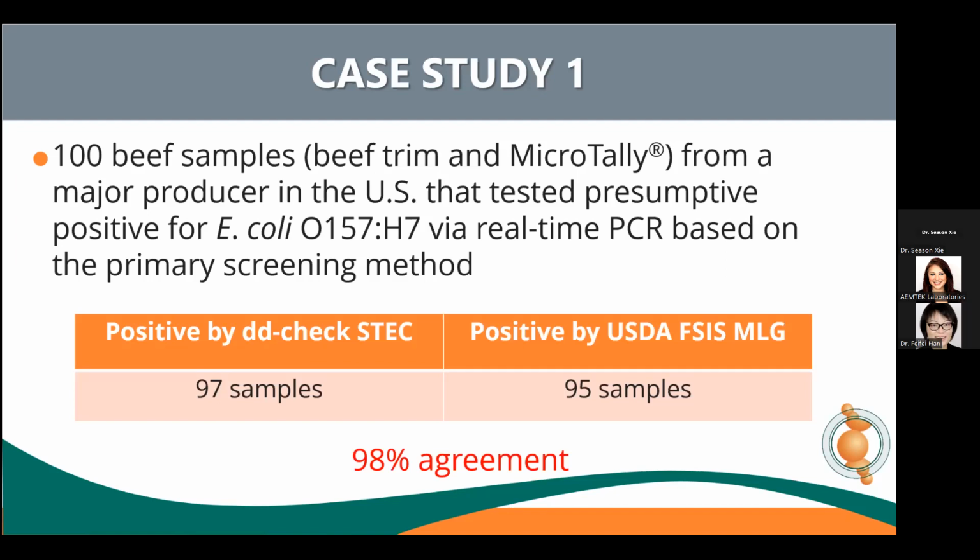This comparison demonstrates a remarkable agreement between ddCheck STEC and the gold standard USDA MLG, with a 98% overall agreement in confirming the presence of E. coli O157:H7. The finding is significant and underscores the reliability and accuracy of ddPCR in confirming E. coli O157:H7 in beef samples.